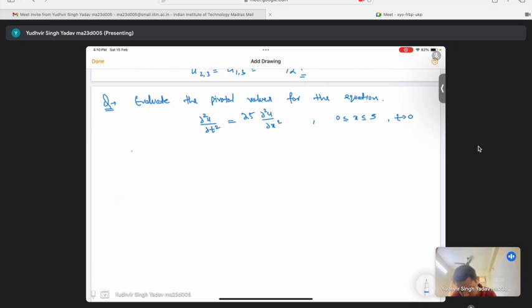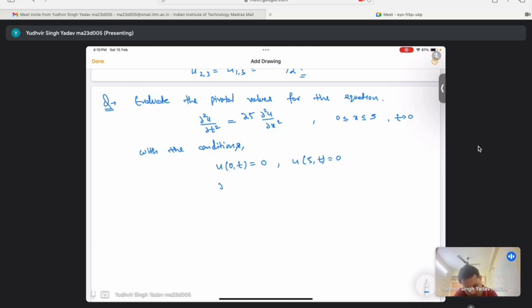And the given initial and boundary conditions are: at x equals to 0, we will have the value of u is 0, and at x equals to 5, again the value is 0.